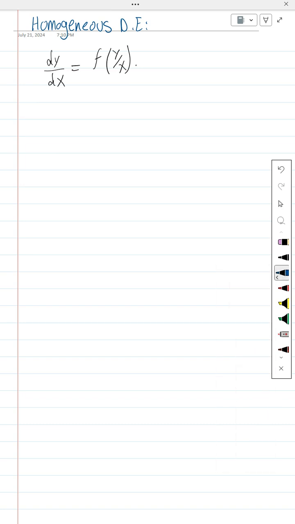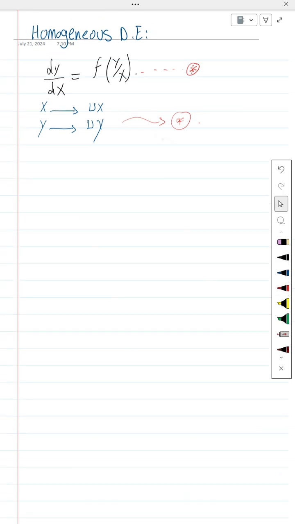When we replace every x in our differential equation by ux and every y by uy, we will see that we have the same equation again.